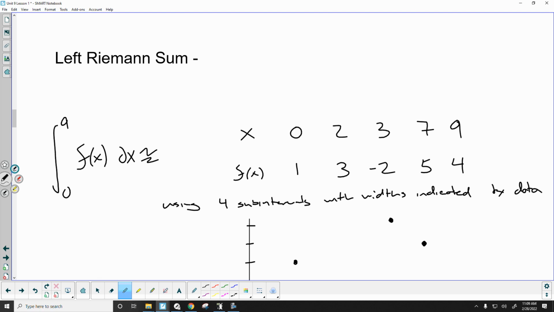And again, the left Riemann sum is going to use rectangles. Area of a rectangle, height times the width. The width will be an x distance, a change in x.